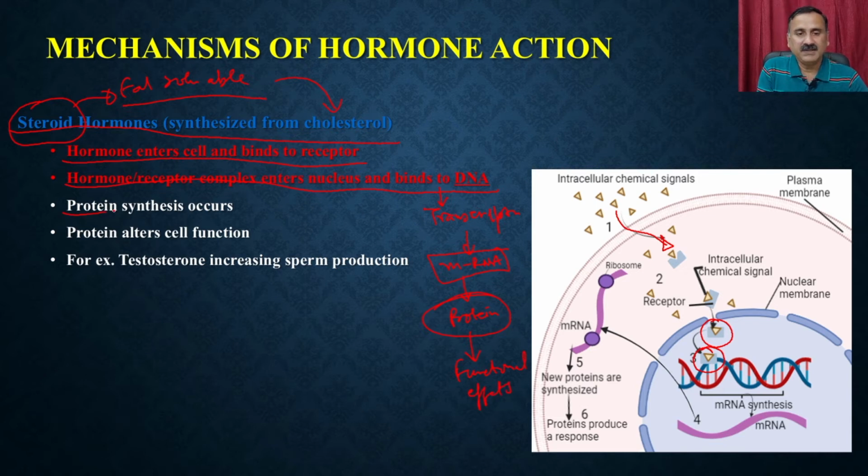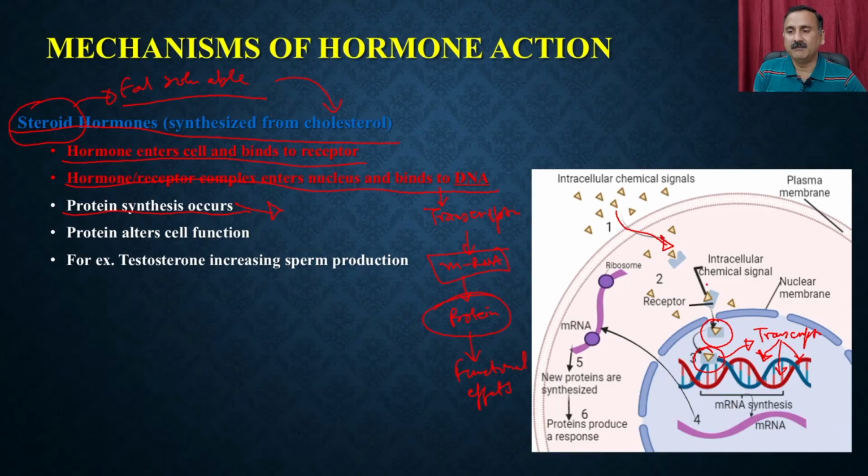So there will be protein synthesis, and this protein synthesis is going to be very specific. Sometimes these receptor hormone complexes will bind to a specific region within the DNA, and that is going to generate a transcription factor, and that transcription factor will subsequently bind to many more sites. That's how you may not have one single protein synthesized, but multiple proteins.